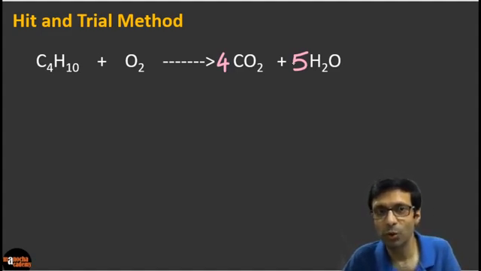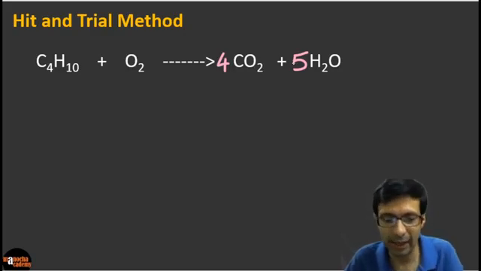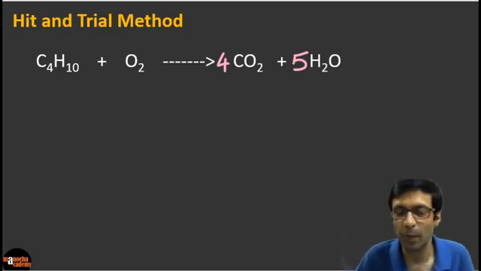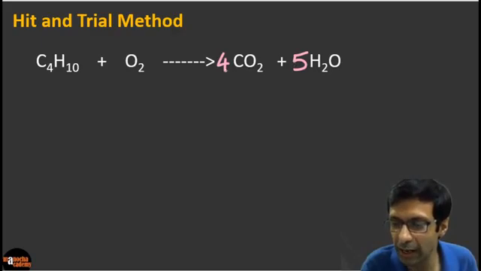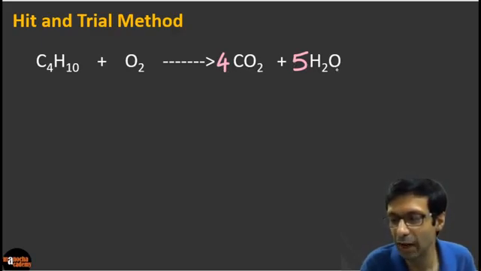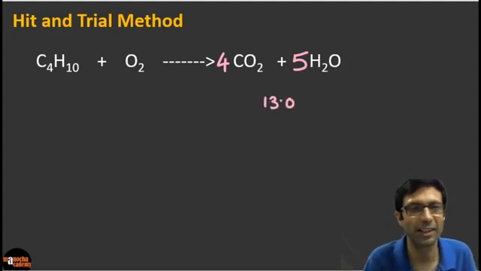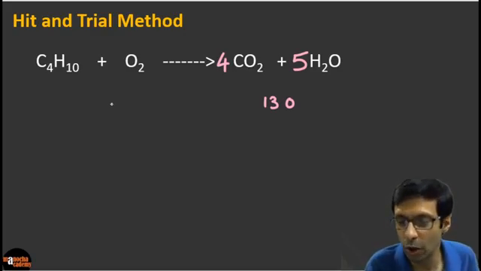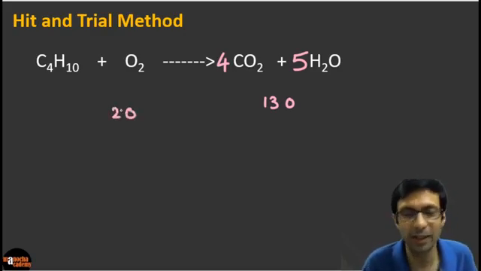Now how do you balance the oxygen? So oxygen we didn't do initially because it's more tough, right? There's CO2 and there's H2O on the right hand side. So to balance oxygen, let's count the atoms of oxygen here. 4 times 2, 8 plus 5. So can you see that we have 13 oxygen on the right hand side, right? And we have only 2 oxygen here. So guys, can you see?